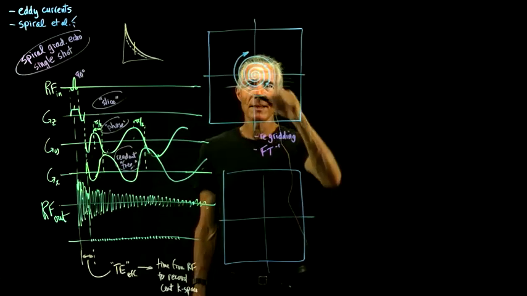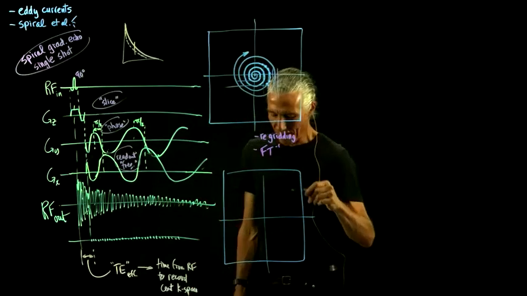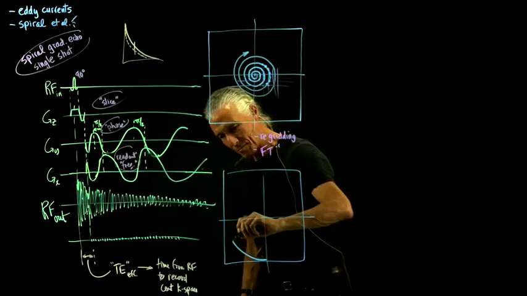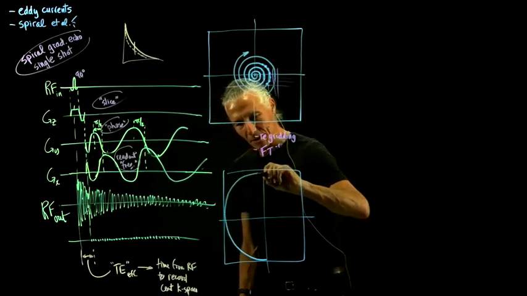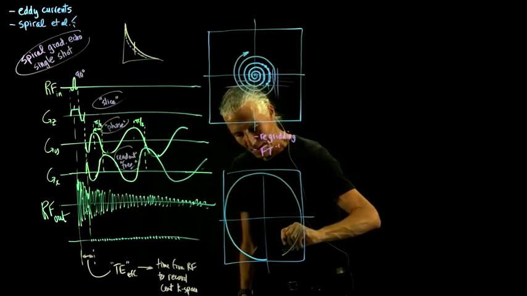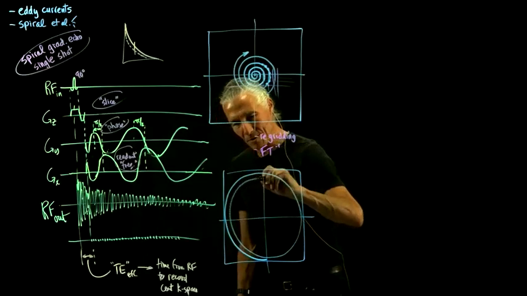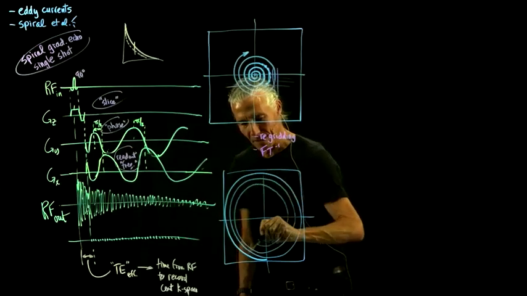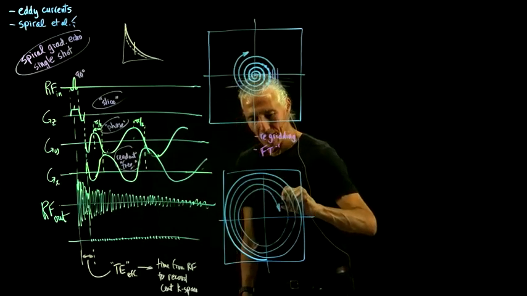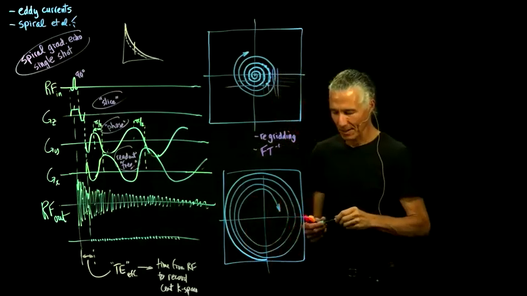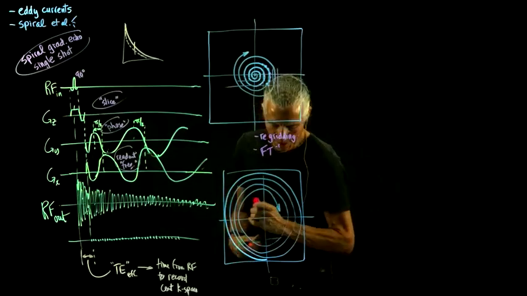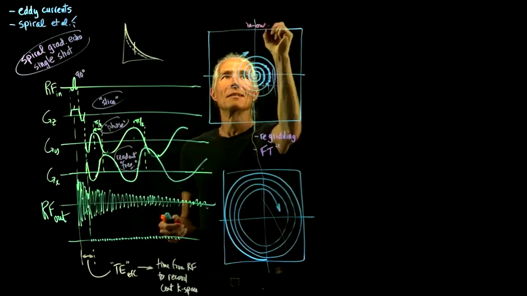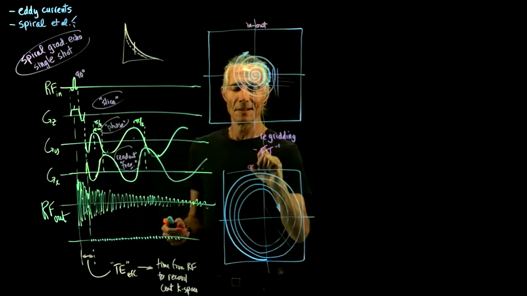But since we're going to get out there anyway really quickly, what we could do is spiral inward. You could use the gradients to spiral inward, so you would then record the center of k-space last. So this is an in-out spiral, and here's out-in.